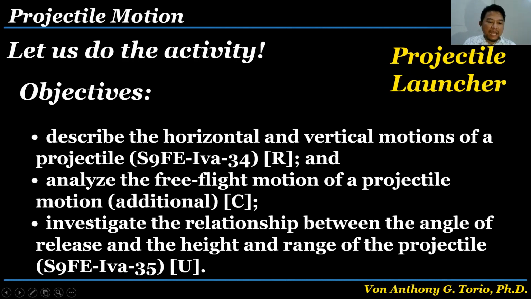Another competency that can be found in the DepEd K-12 curriculum is to investigate the relationship between the angle of release and the height and range of the projectile. The code is also reflected.